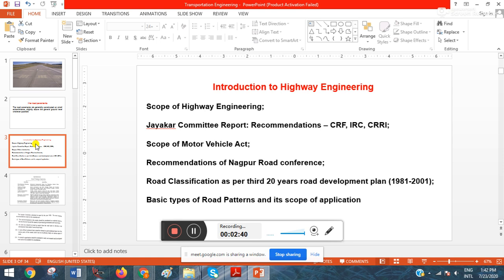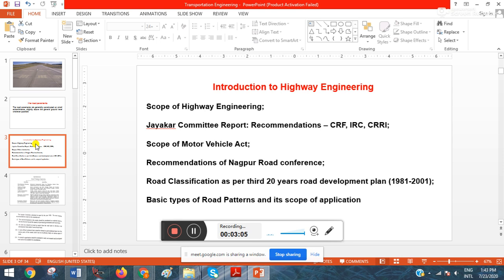In it, you can see first the scope of highway, then Jayakar Committee report, recommendations, CRF, IRC, CRRI. CRF is Central Road Fund, IRC is the Indian Roads Congress, and CRRI is the Central Road Research Institute. We will discuss them through this lecture.